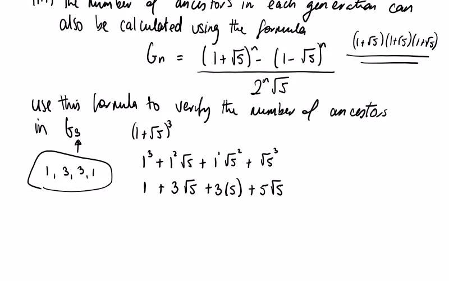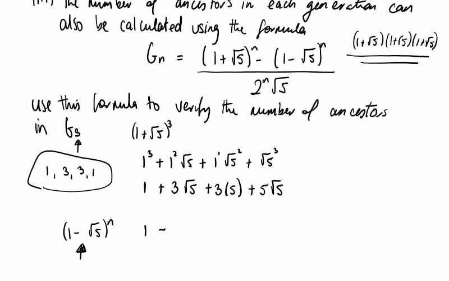Then if I apply this to (1 minus root 5) to the power of n, I'm going to get 1. And the signs alternate when we have a minus sign when we're doing binomial expansion. And you can see it's going to be the same terms, just with different signs.